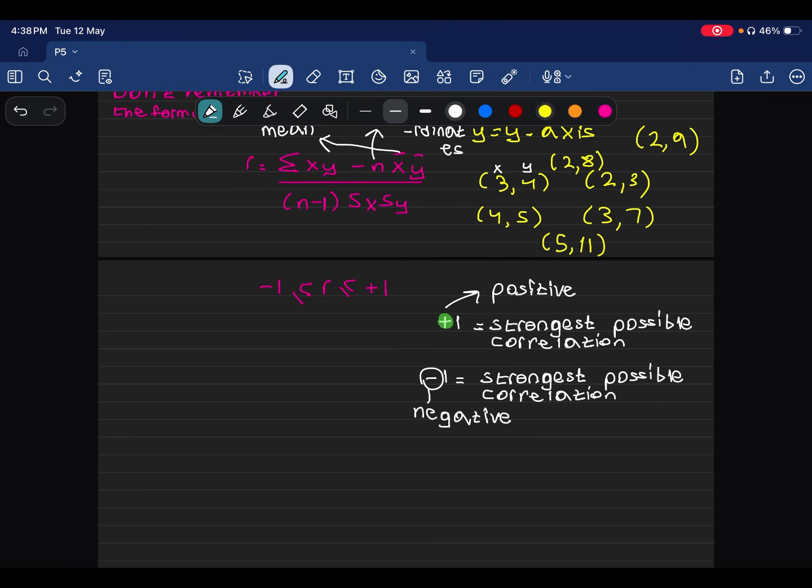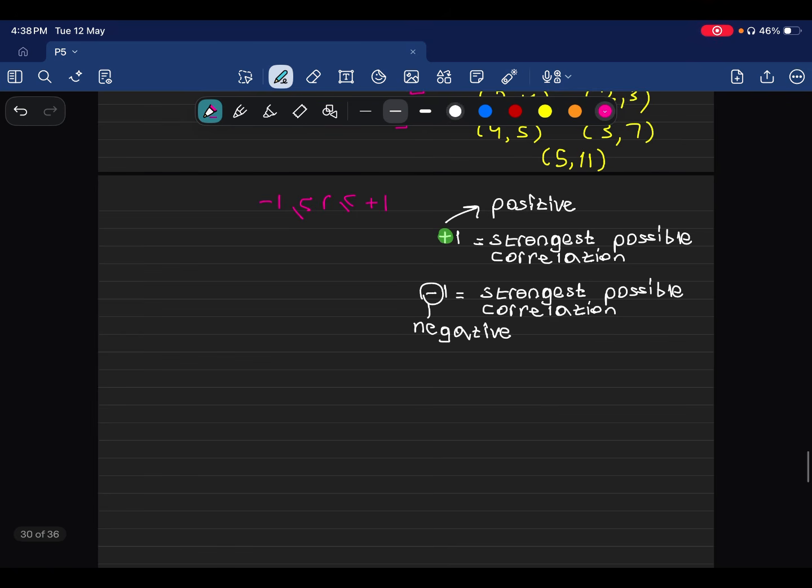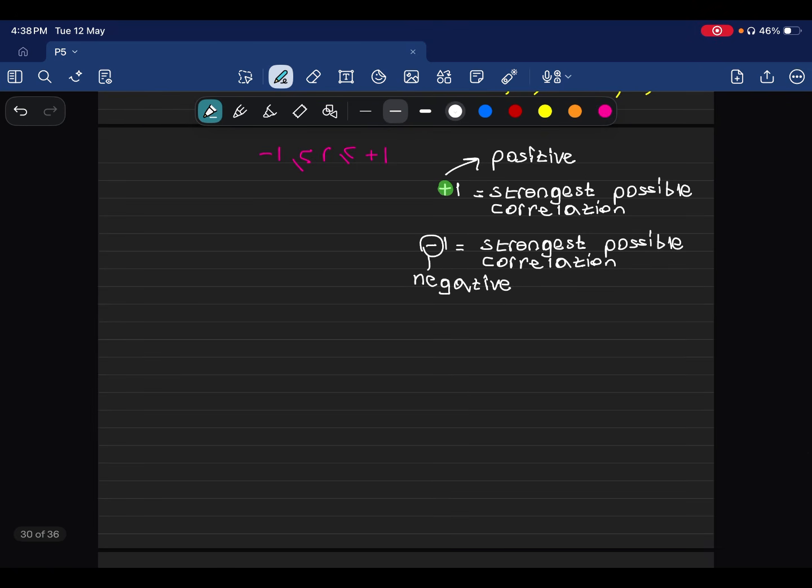Okay. Now, how do you use your R value to complete the question? Step number 1. Make a null hypothesis. Same case. What's your null hypothesis? So, what are you trying to find out? You're trying to find out the correlation, right? The strength of the correlation between the two variables, the x and the y. So, what's your null hypothesis? There is no significant correlation between the two variables.